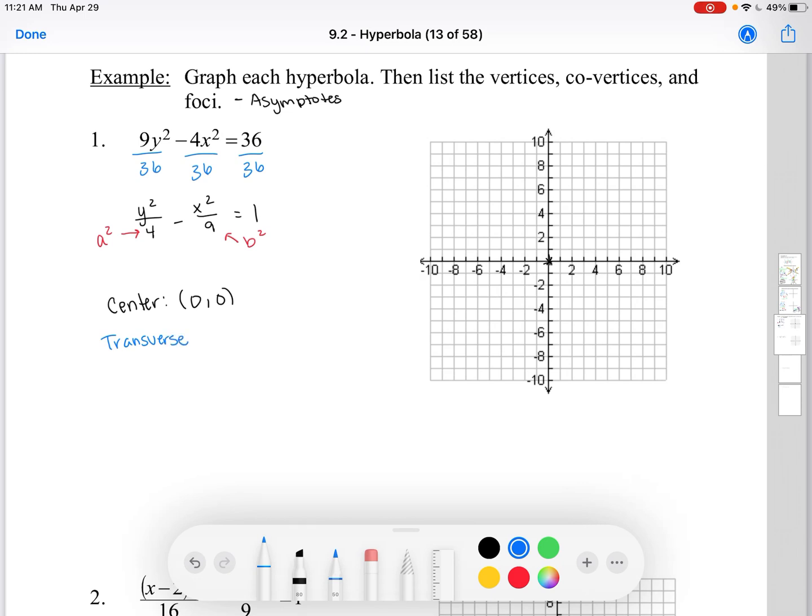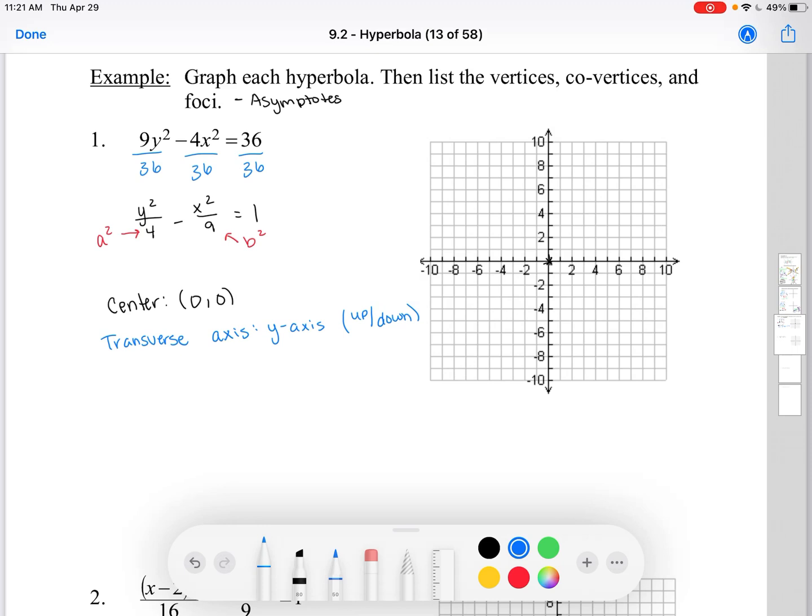So I know that my transverse axis is going to pertain to y because y is matched with my a squared and it is the first term. So my graphs now are going to be going up and down. Just making notes here so that we can get that process in and keep thinking about key things.